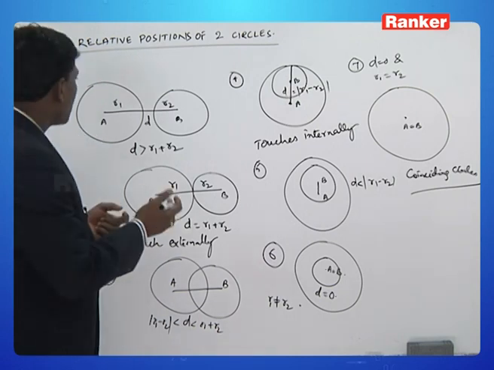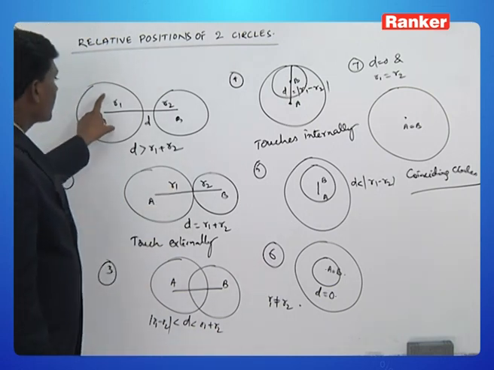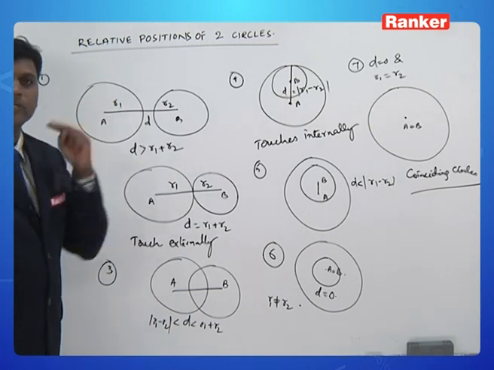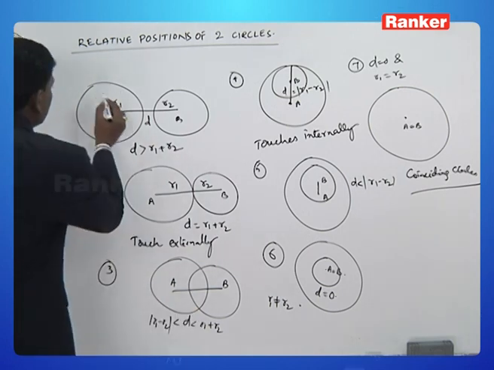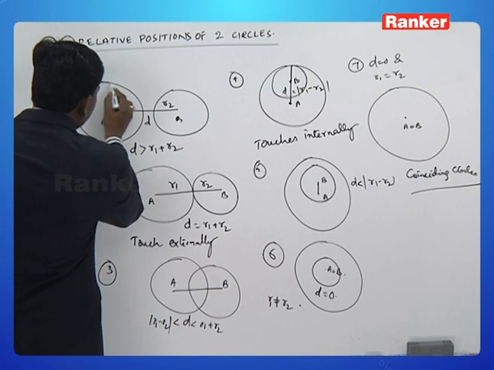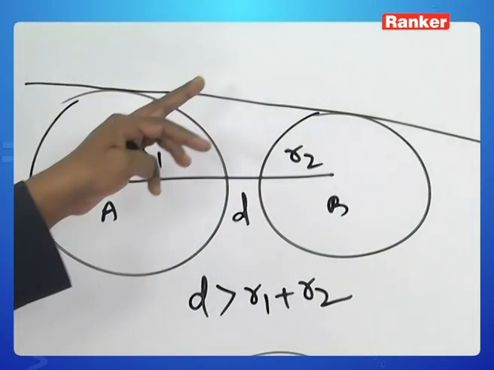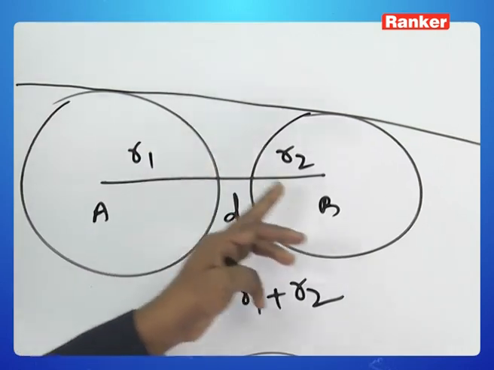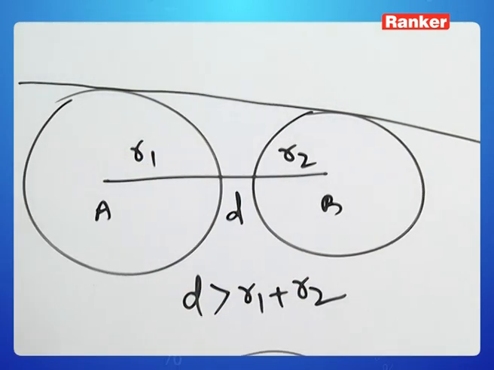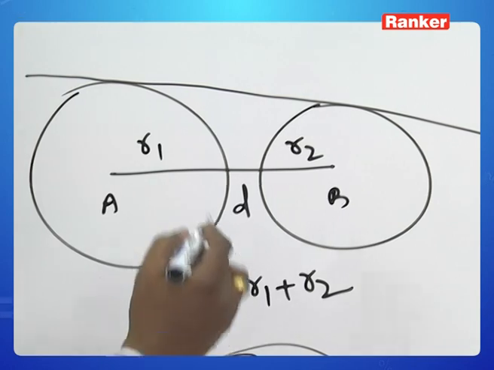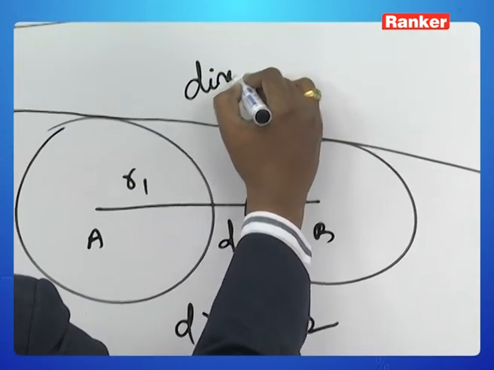If you observe, these common tangents are of two types. If you observe the diagram of this first case, here this line is a common tangent to which both the circles are lying on the same side. In this case, this is called a direct common tangent.